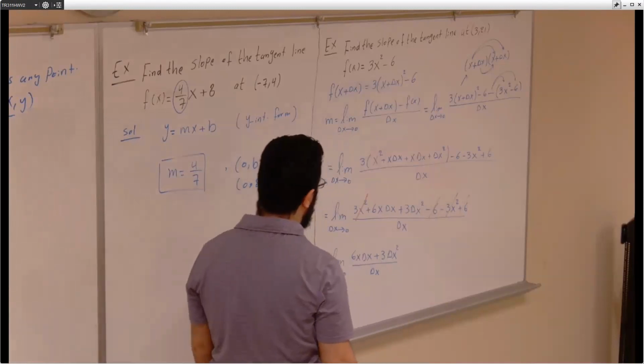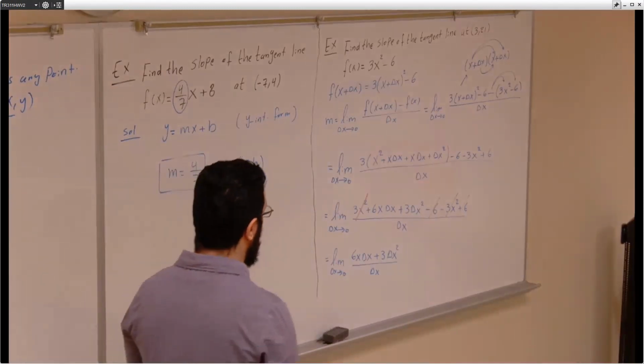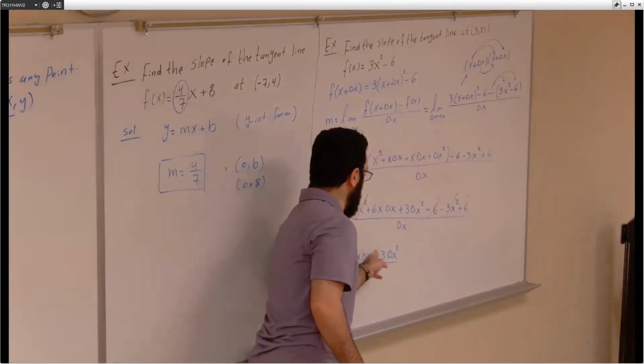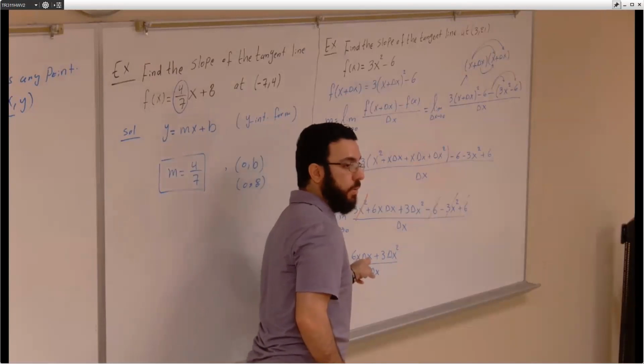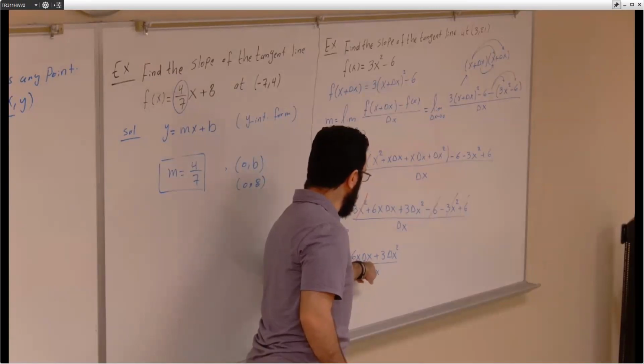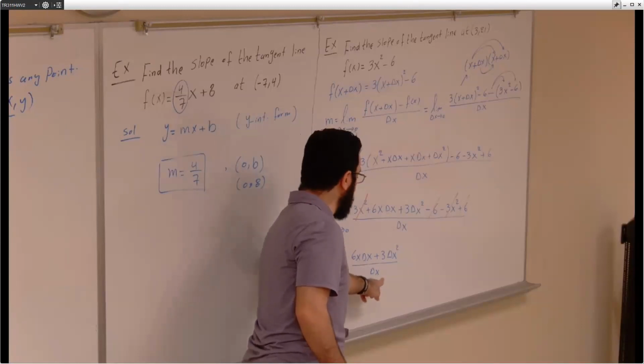What's the next step? Let's simplify again. So I can simplify by the GCF on the top, because that's my goal. GCF is, can I take 3x or 3 delta x? 3 delta x. But my goal is to cancel the delta.